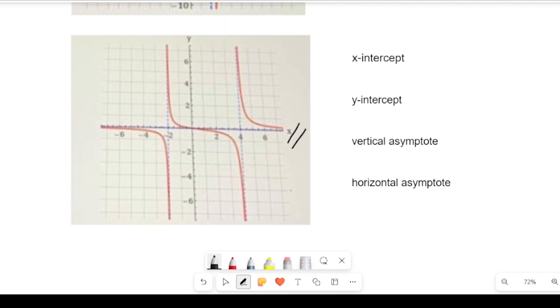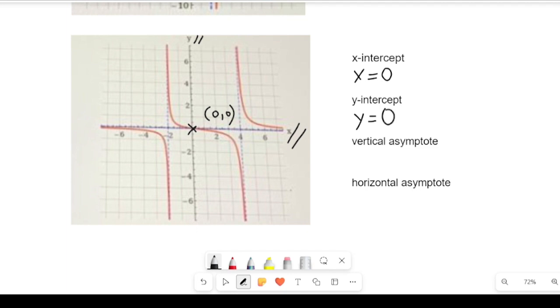We can see that this is our curve and it's intersecting at the point (0, 0). So our x-intercept is x equals 0. And the y-intercept is a point on the y-axis where our curve intersects, and it's intersecting at the point (0, 0). So our y-intercept is also 0.